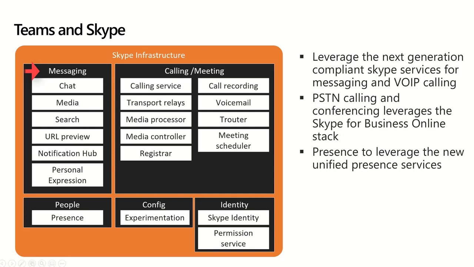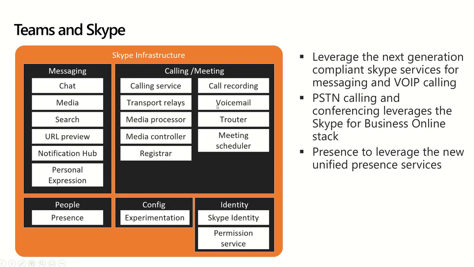URL preview is the feature that, when you paste in a URL, goes out and grabs some images and a snippet of text and makes a nice looking rectangle out of it so you can see what's on that URL. There's a service that powers that. The notification hub is what powers your activity feed. The personal expression service is what powers the emoji and things like that from Skype.